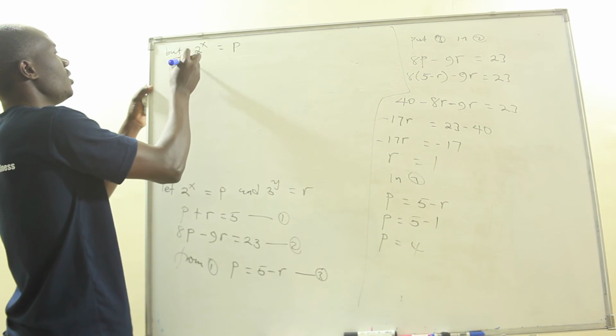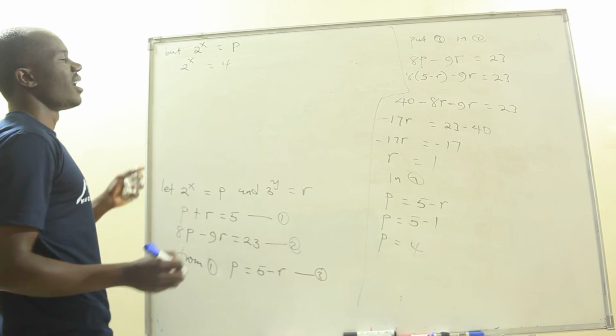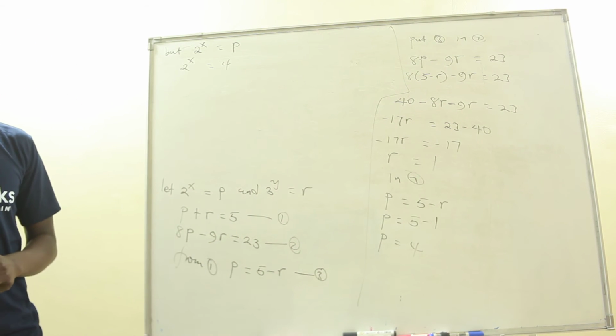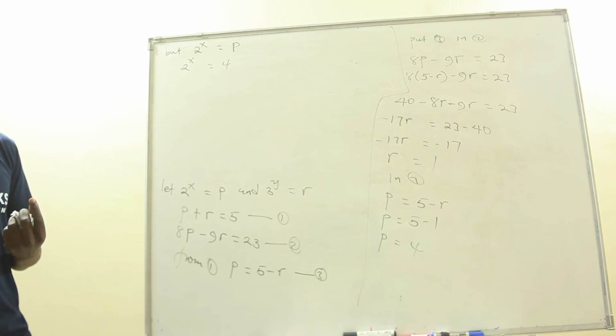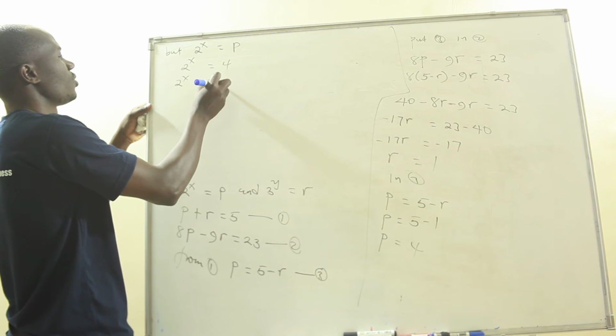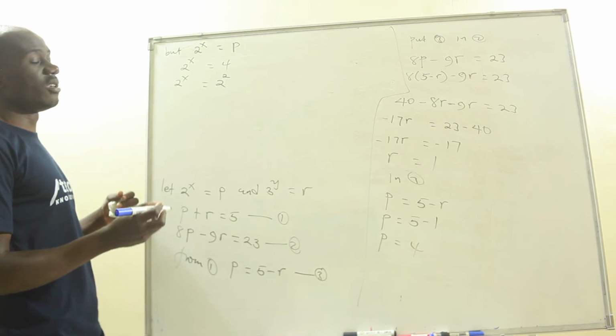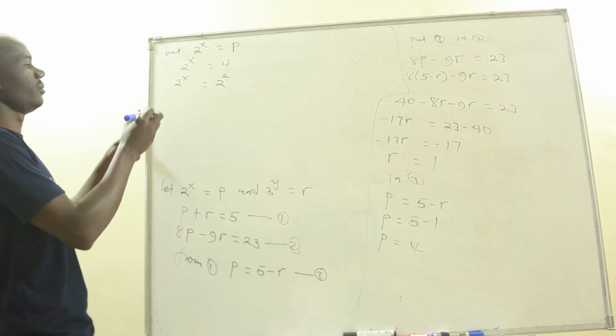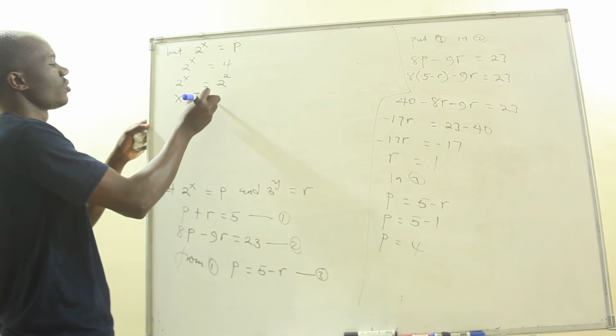So 2 power x equals 4. Which number can I break to get a 4? That is 2 power 2. Very good. 2 power x equals 2 power 2. Since the bases are the same, we just equate the powers. Therefore x equals 2.